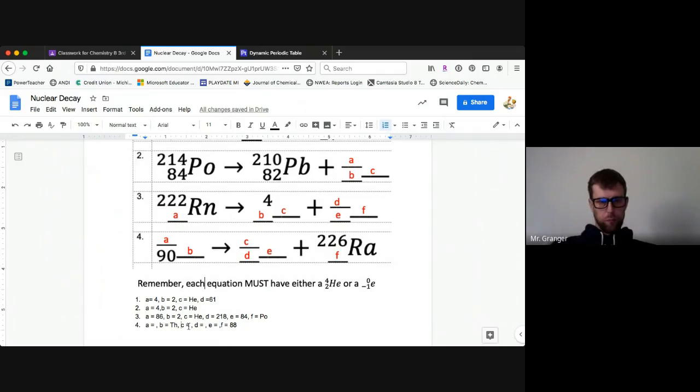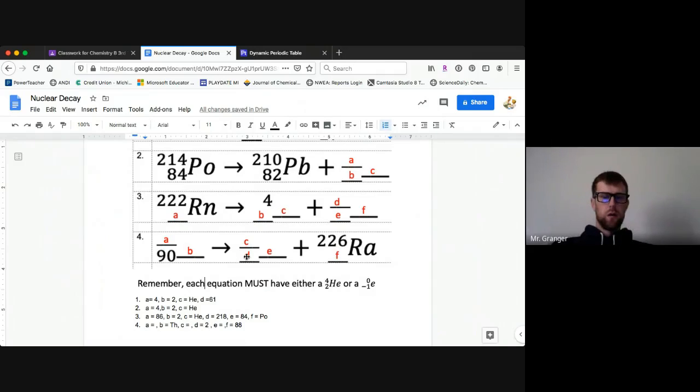And so going back to letter D, because we know the atomic number 90, we figured out that the atomic number for Ra is 88. So now we have 90 dropping down to 88. So we must be losing 2 for letter D. Okay, so 2 is the atomic number for letter D.